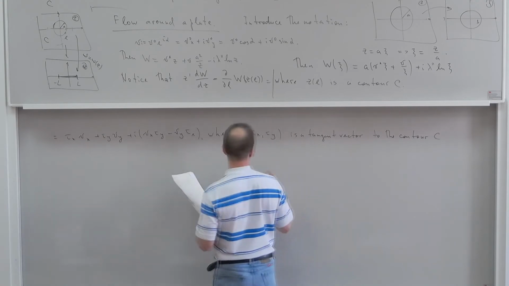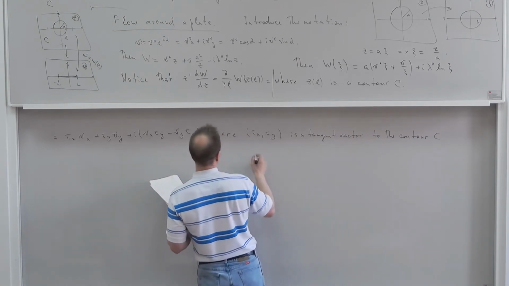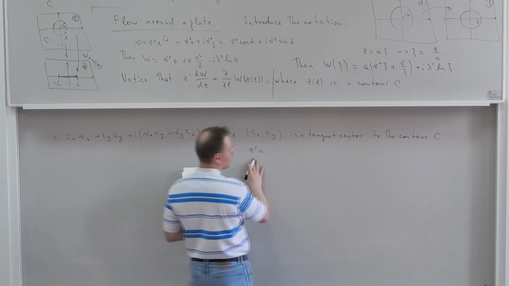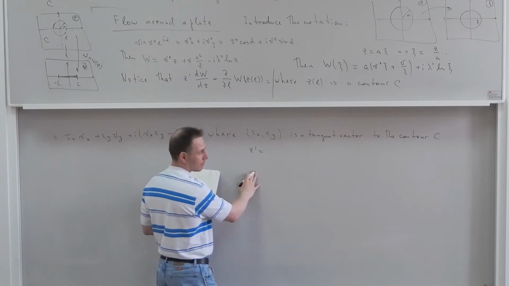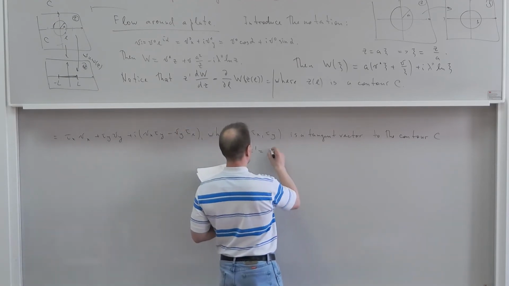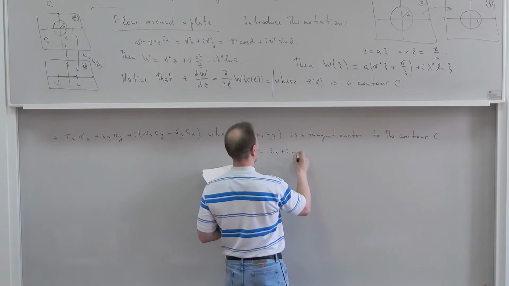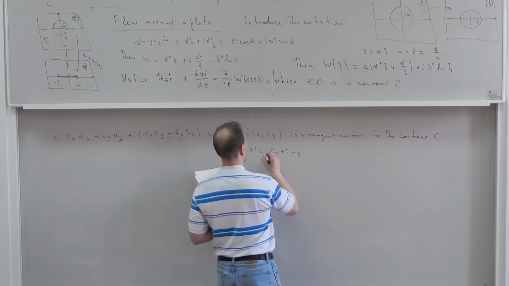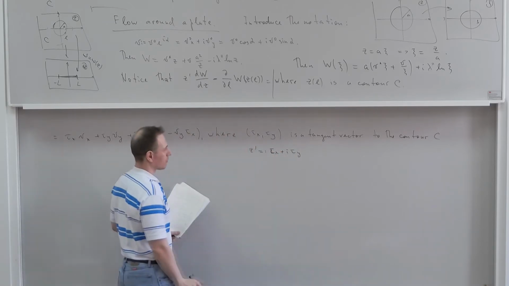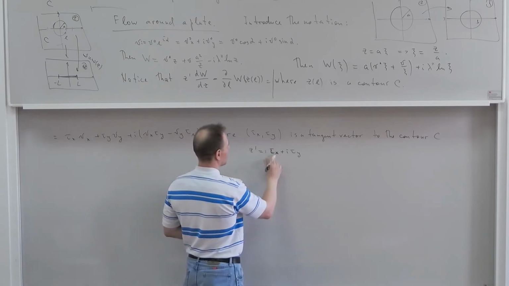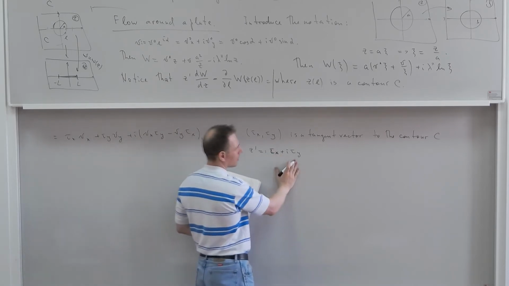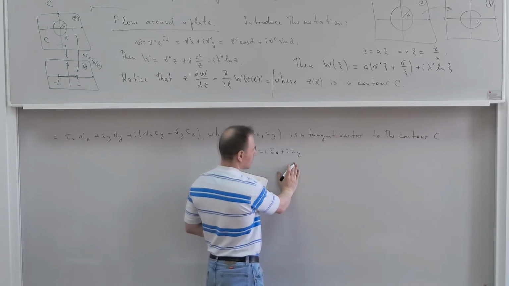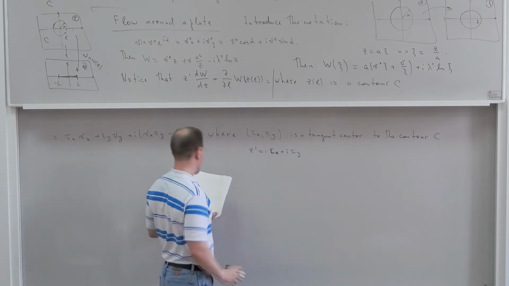In fact, the derivative of z of L with respect to L is written in this form. That is, tau x is the real part of the derivative, and tau y is the imaginary part of this derivative.